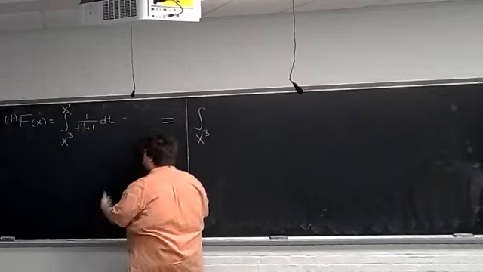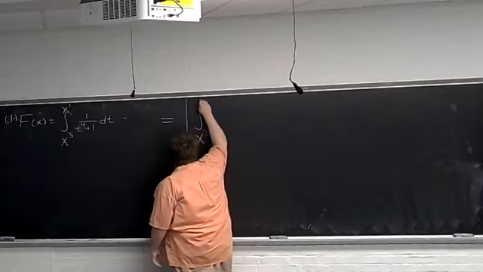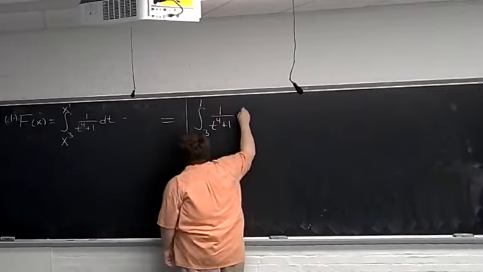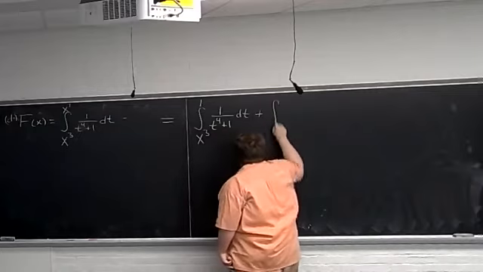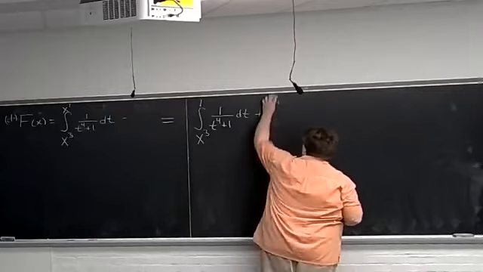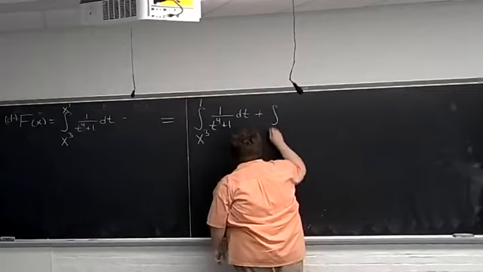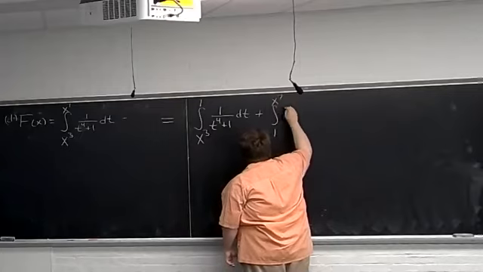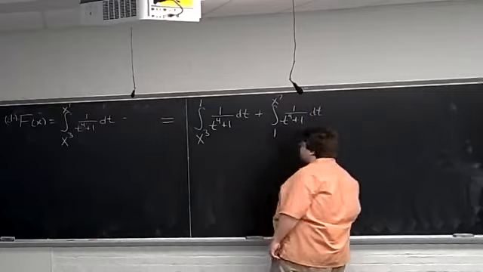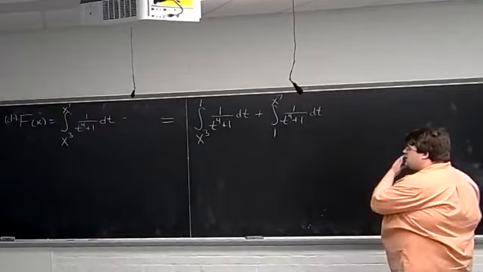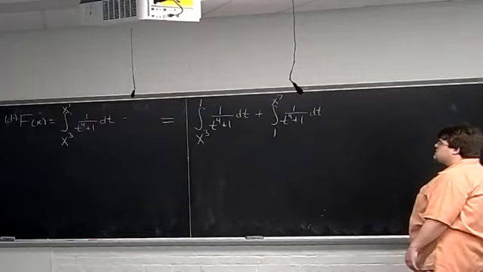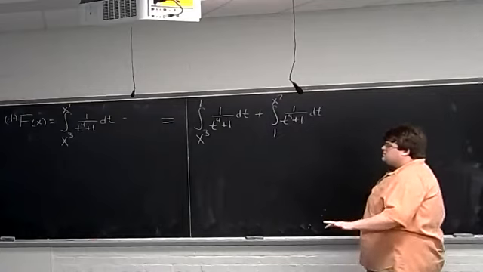Well, let's put a number between them. X cubed to, how about 1? 1's a good number. We're going to split this integral at 1. So instead of going from x cubed to x to the 7th, we're going to go from x cubed to 1 and 1 to x to the 7th. Any questions about splitting that up?